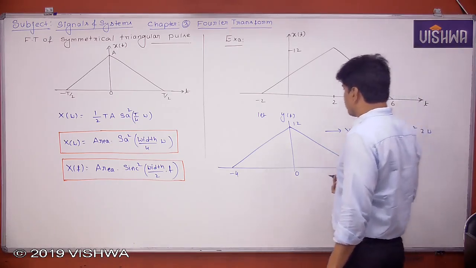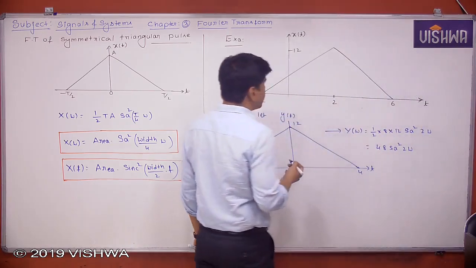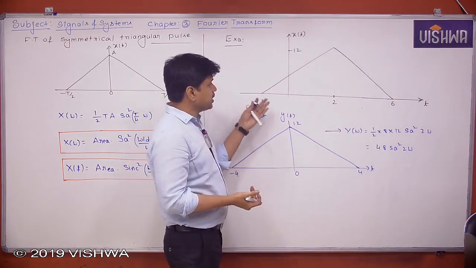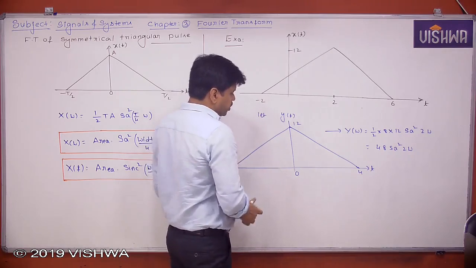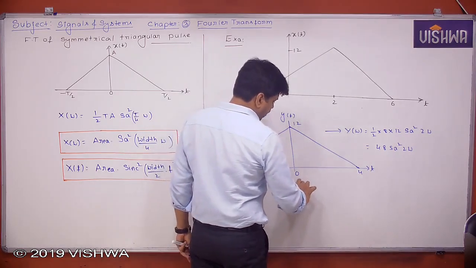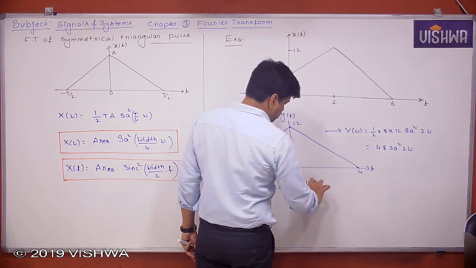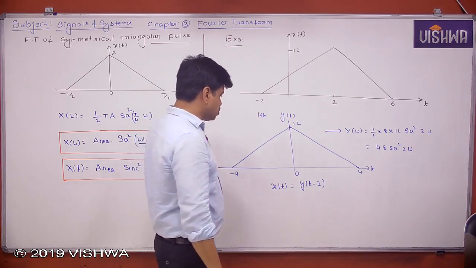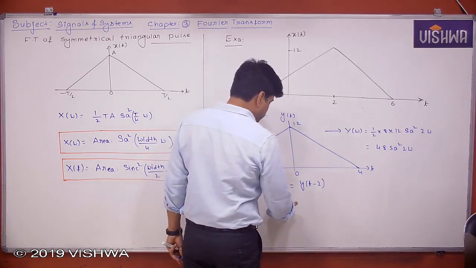So this is what Y of omega is, but we have to know what X of t is. What we have to do with Y of t so that I can get X of t is delay by 2 units. So that means X of t and Y of t have the relation X of t is equal to Y of t minus 2. So from this, what is X of omega?